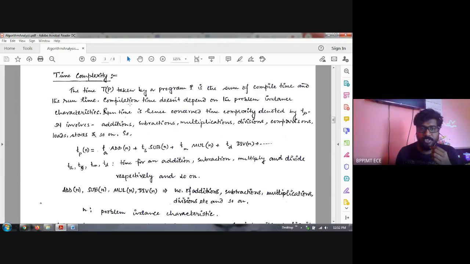Similarly, there is a very easy process to practically calculate time complexity. You just require a stopwatch. Whenever you start running the program, you start the stopwatch, and whenever the program is finished, you stop the stopwatch and measure the time required by the algorithm. That is the easiest way to compute the execution time of your algorithm.